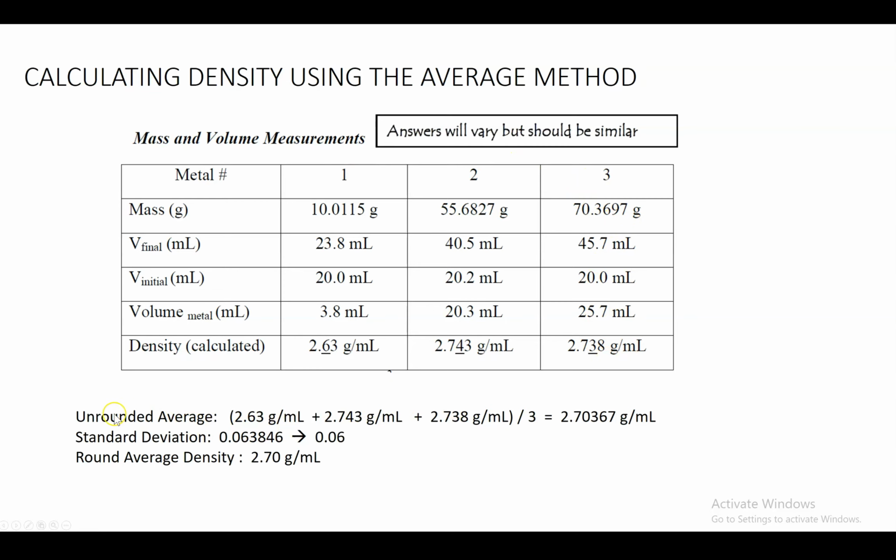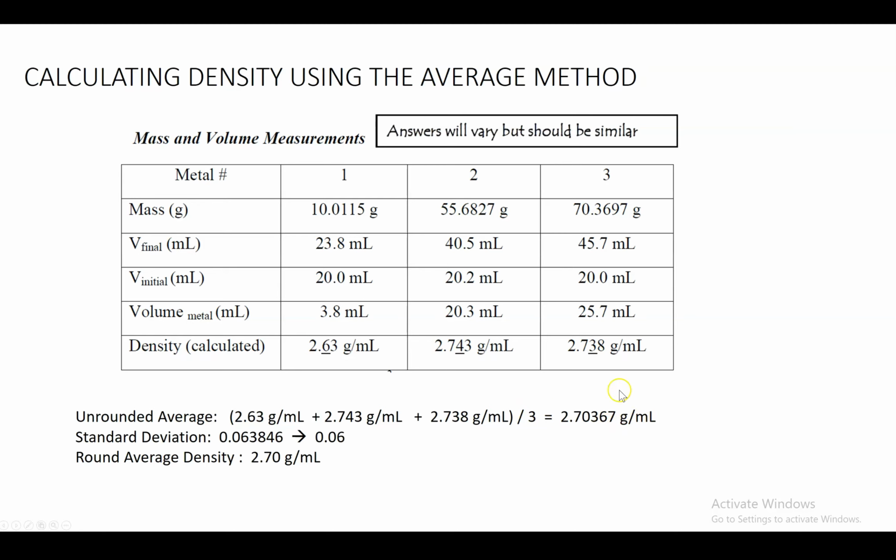We will first calculate the unrounded average, which equals this first data point plus this data point plus this data point, added together and divided by 3. And that will then give us this density value. So on average, it will be 2.70367 grams per milliliter.